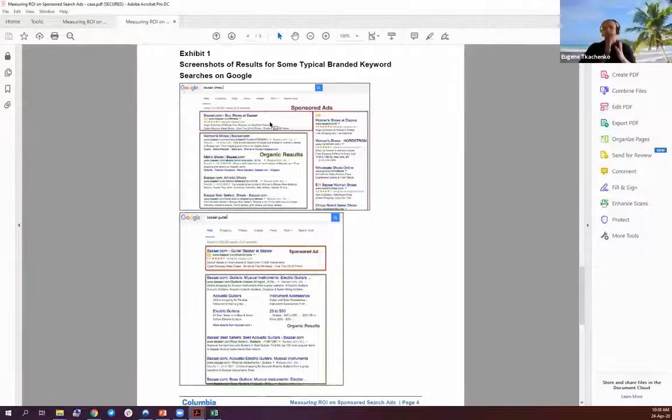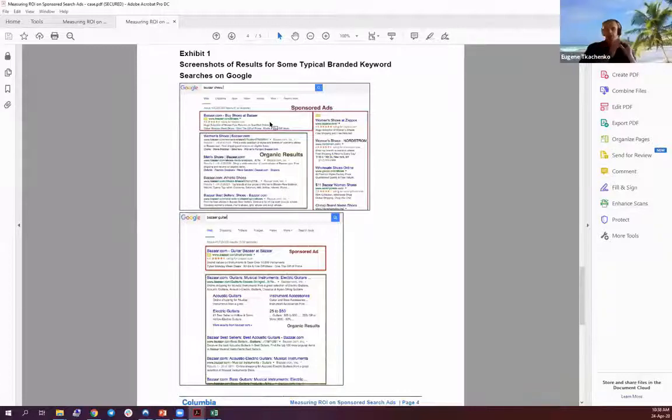So just to put it into perspective, let's say on any normal week we have approximately 100 organic clicks if you're not running any sponsored ads. However, when we are running sponsored ads, we are seeing a decline in organic clicks to, for example, 70.